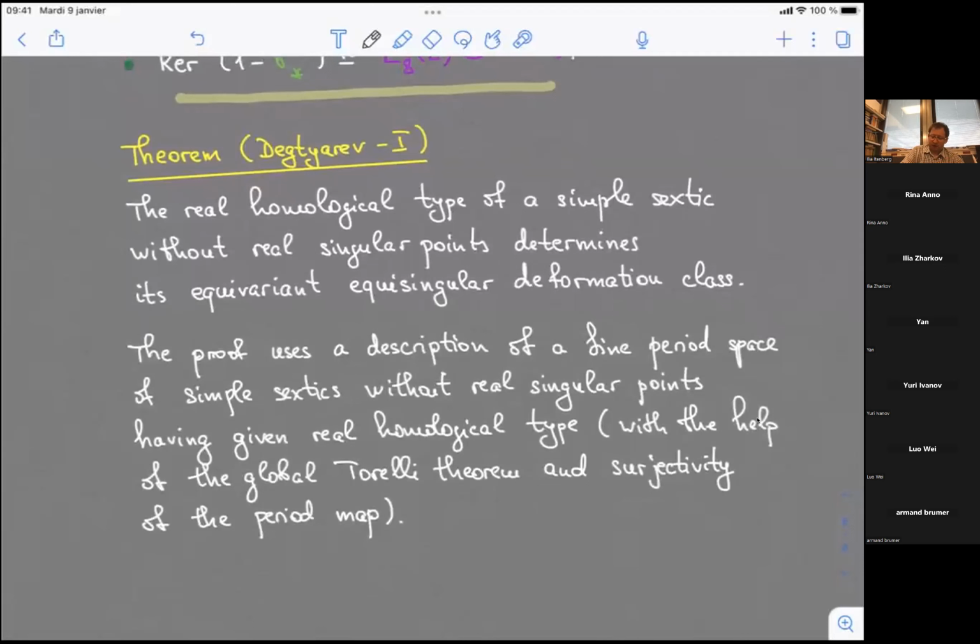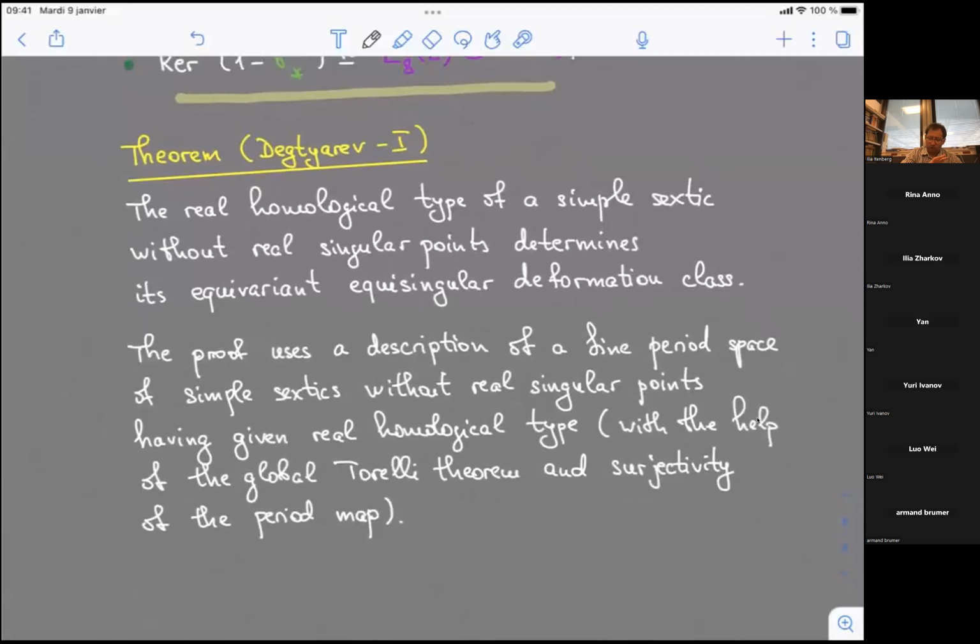So one can play with this period space. This period space in general has many connected components, but one can show that one can go through the walls, from one connected component to the other, in this situation when there are no real singular points.